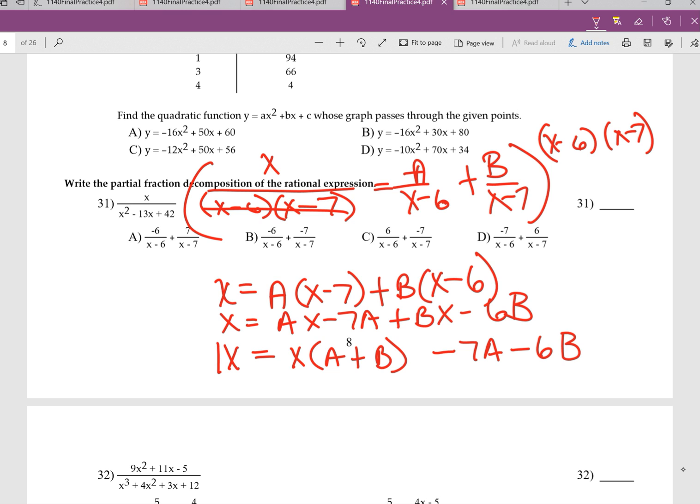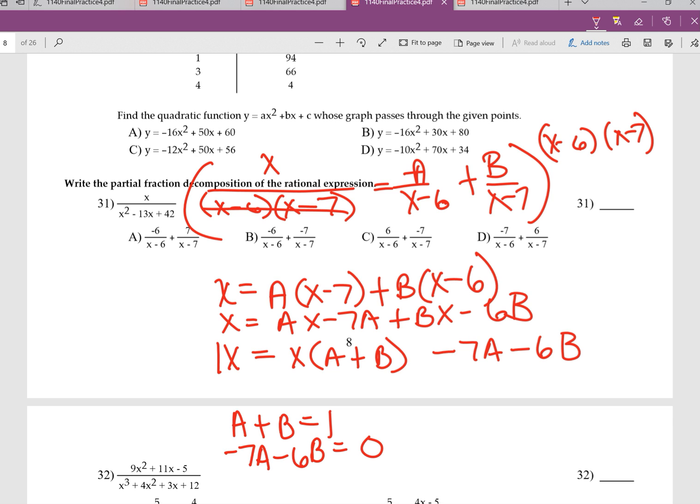Okay, and so that means that in this case I know that a plus b has to equal 1. I have a negative 7a minus 6b, and this has to equal 0.